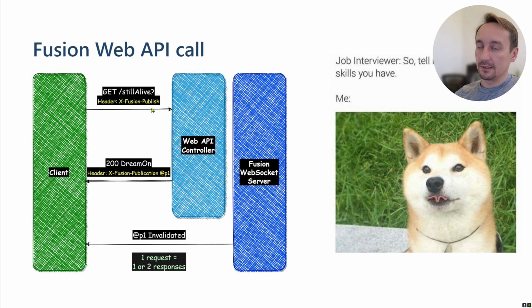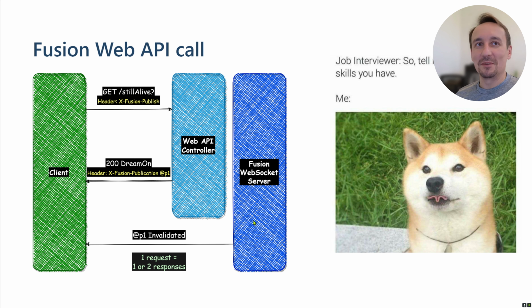The value it gets in this header is basically the ID of the publication on the server side. And if you watch messages on the WebSocket channel, you can think of it as a side channel for invalidations, right?